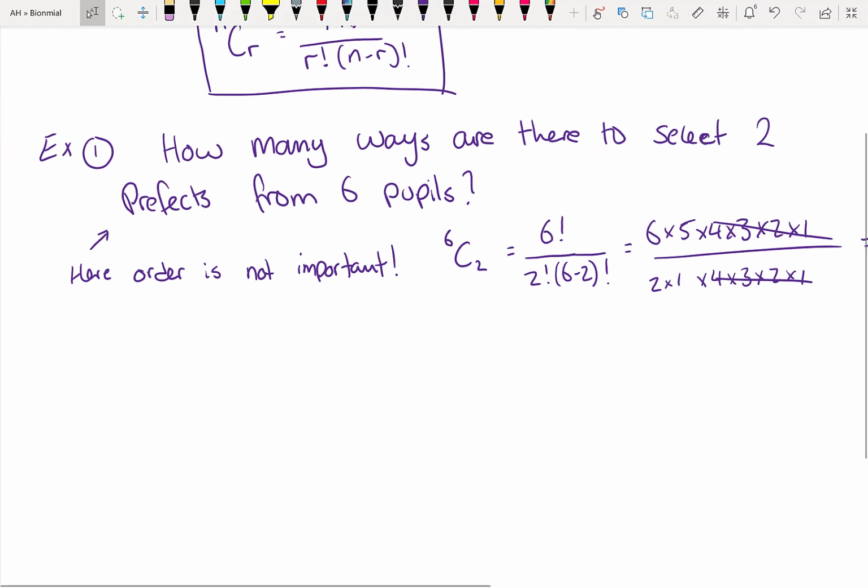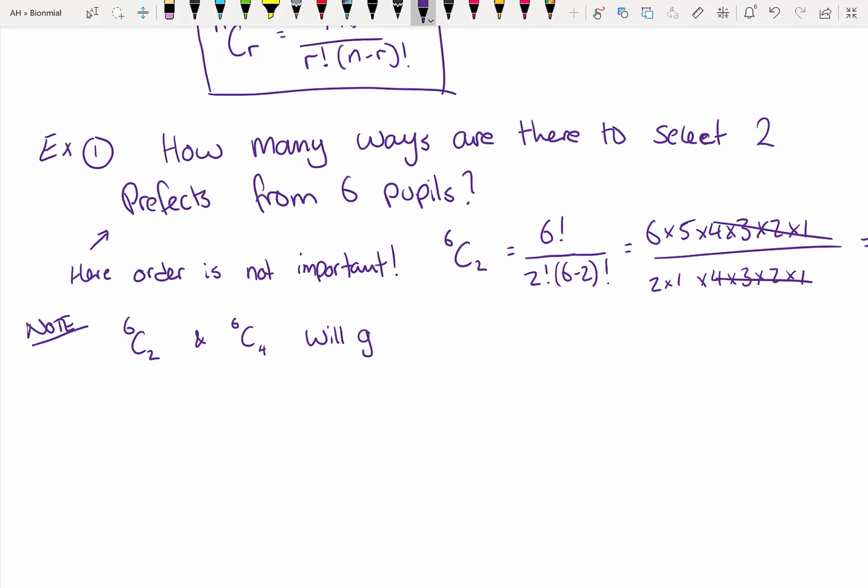Worth noting at this point that some of these things can give us the same answer. If we've got 6 choose 2, and we go 6 choose 4, that will give the same amount. If we think about what we're doing, if we're choosing 2 people out of my group of 6, we are leaving the other 4.